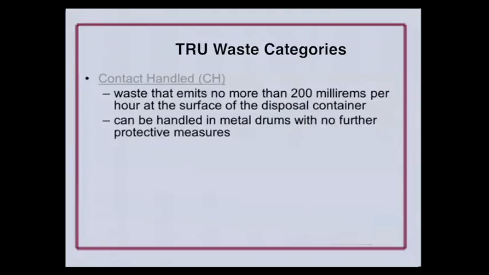It can be handled in metal drums with no further protective measures. In other words, with the 200 millirem per hour, you can handle it like any other drum. You get a drum pallet, or a drum cart, or a hand truck, run up, pop it under it, wheel it down the aisle, and put it where it needs to go.